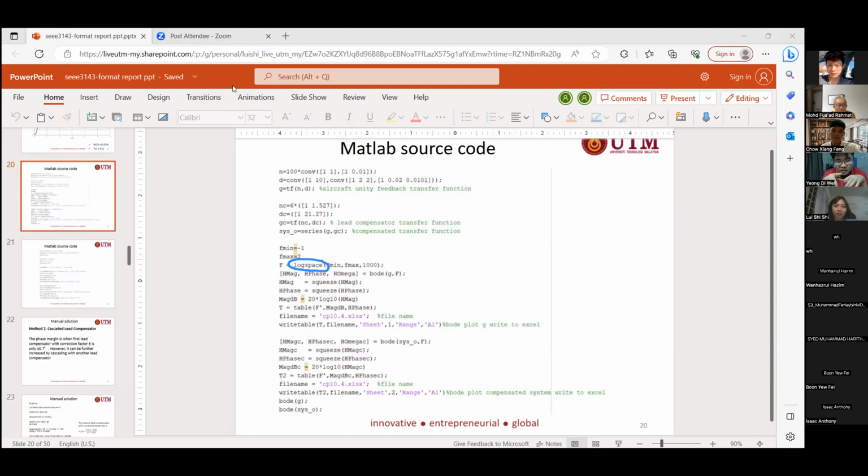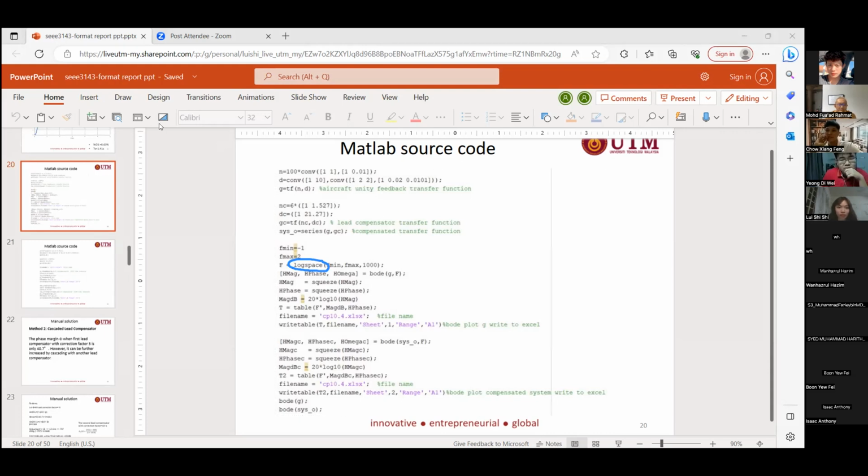F min is the lowest and F max is the highest, so the range is 10 to the power F min up to 10 to the power F max. Here F min is -1, that means 10 to the power -1, so the lowest is 0.1. Then 1000 means 1000 data points.